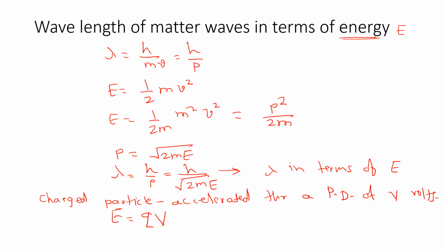So for a charged particle accelerated through a potential difference of V volts, lambda will be equal to h upon under root twice m q V. So this is an expression for lambda for a charged particle with charge q accelerated through a potential difference of V volts.